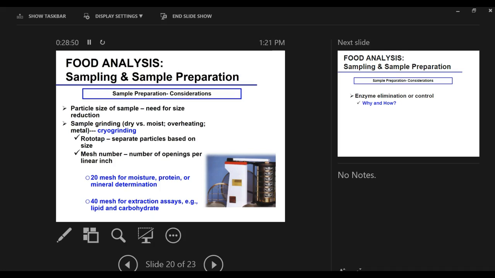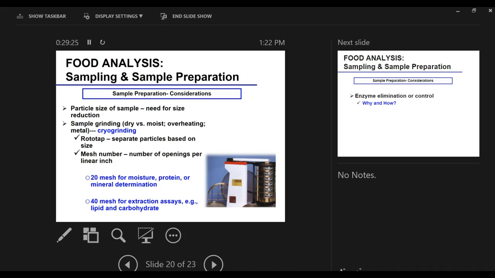So sometimes we tell the student, okay, let it grind for a minute, stop, wait, and let it grind again. Another issue is metal contamination. Depending on the grinder you're using, especially if you're measuring ash or iron content, you don't want contamination from other material. And then once you grind your sample, you filter the sample or run it through sieves to ensure these mesh numbers are reached.